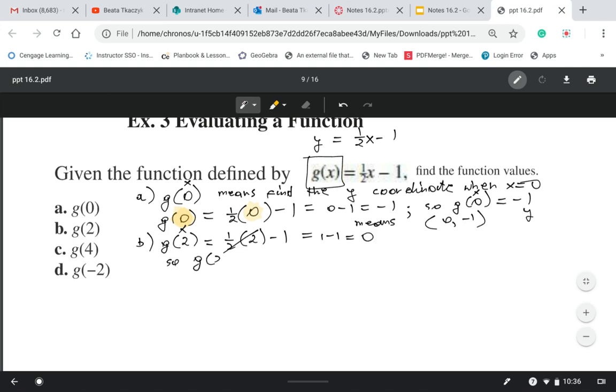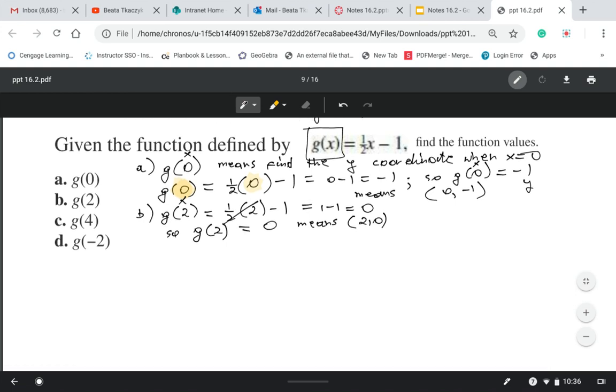So g of 2 is equal 0. So the output is 0. That means that we have a point 2 comma 0. X is 2, the output is 0. And C and D, you guys will do the same way, so I'm just going to skip that.